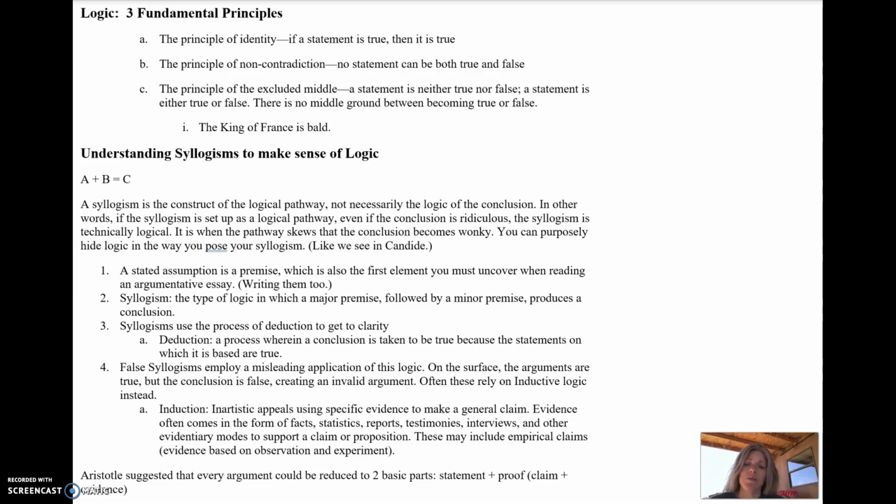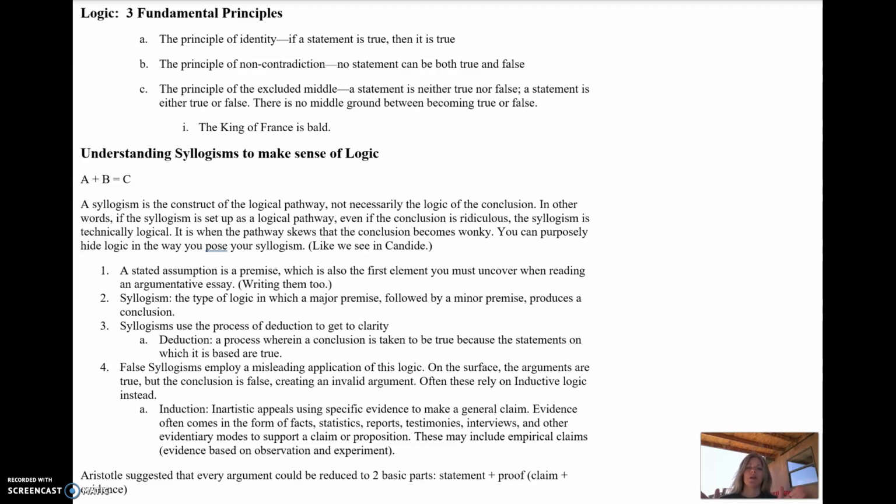Now, the difficult one is the principle of the excluded middle. This is when a statement is either true or false. There's no middle ground for something to become true or false. So, for instance, if I say planting seeds in April will lead to flowers, that's true if we're planting flower seeds.